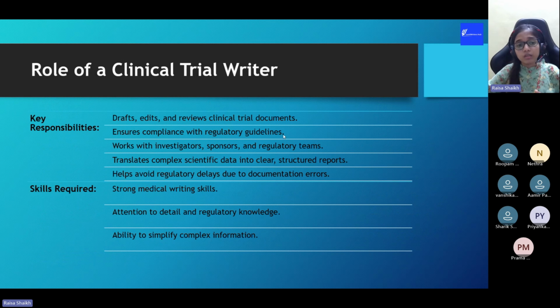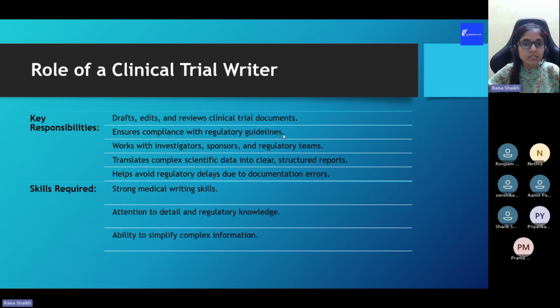Then the role of a clinical trial writer. The key responsibilities are to draft, edit, and review clinical trial documents. So drafting, editing your document, reviewing your co-writer's document, these things keep going. There's never one single writer involved in a clinical trial document, because these are vast documents.